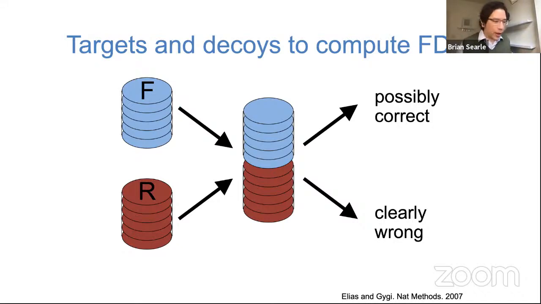A lot of you have seen target-decoy analysis for computing false discovery rate, where you search a forward FASTA database as your normal FASTA database, and you've got a reverse FASTA database that you search at the same time. The advantage of searching this as a combination is that you're not really sure about any particular match to the forward database, but you can know that any match to the reverse database is definitely wrong because those peptides don't exist in the real world.